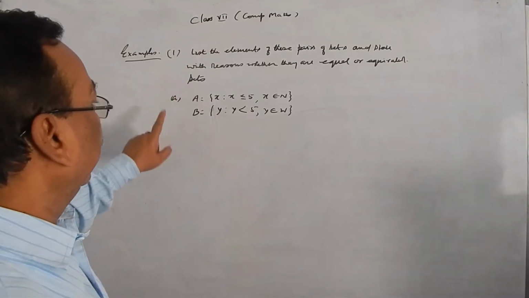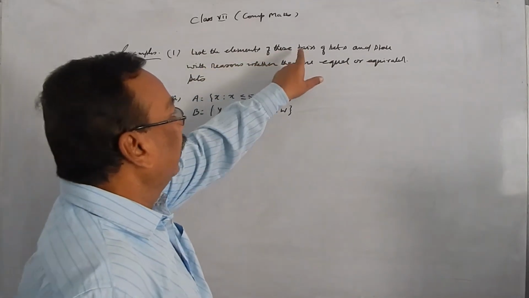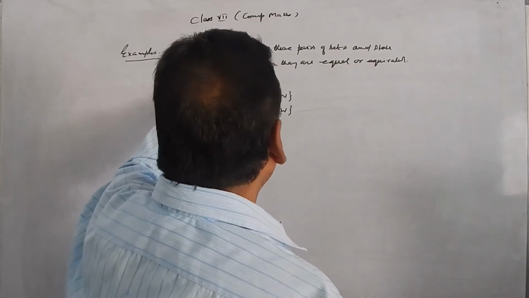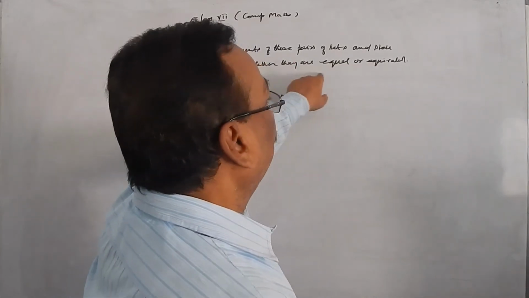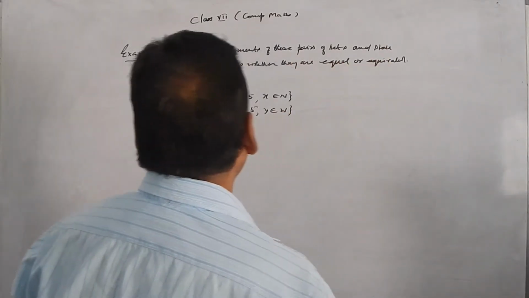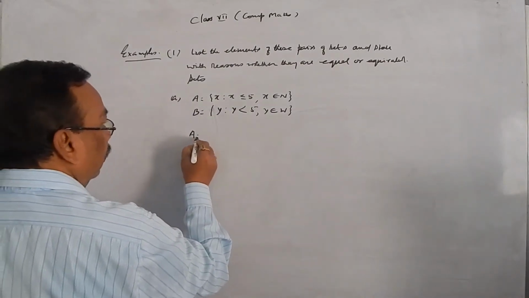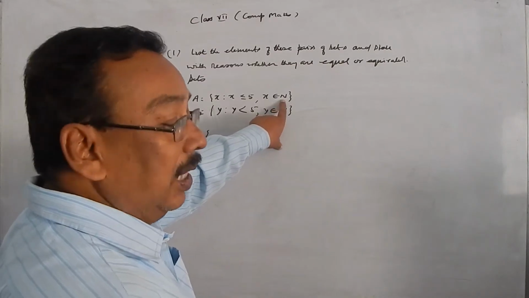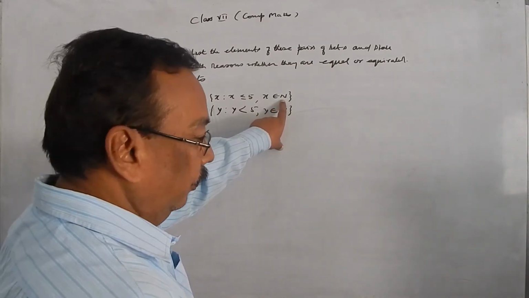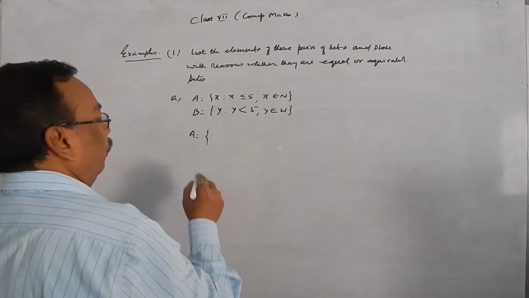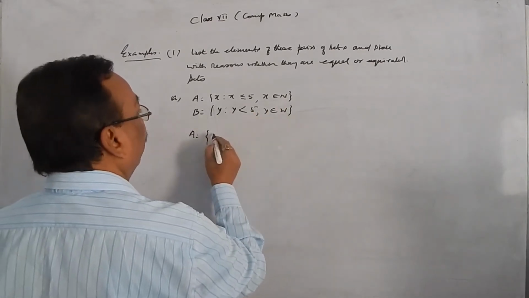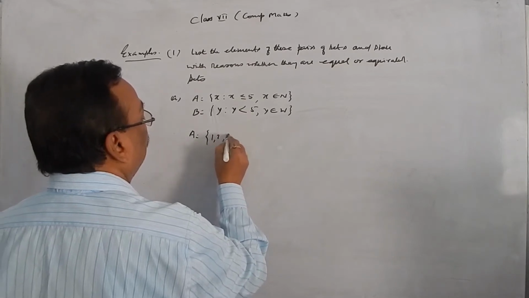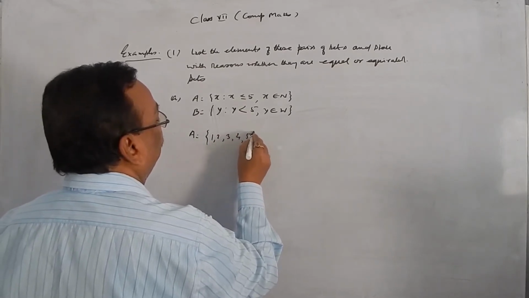Here I am taking one example. List the elements of this pair of sets and state with reason whether they are equal or equivalent. So A equal to natural numbers up to 5: 1, 2, 3, 4, and 5.